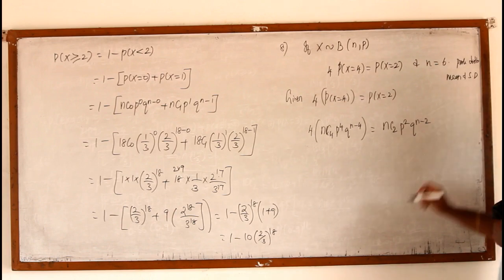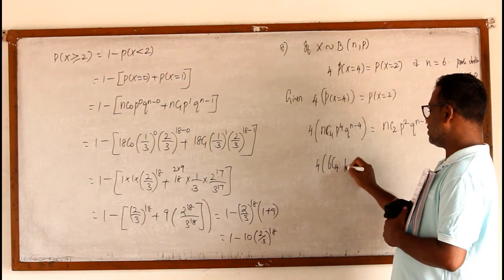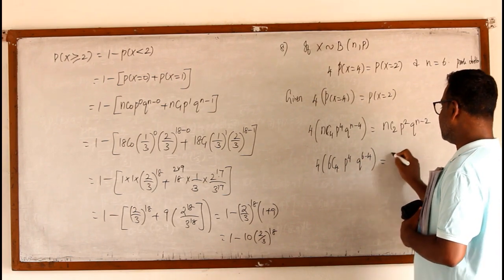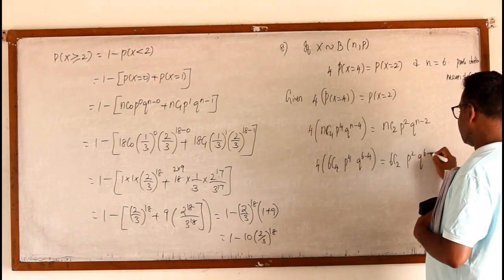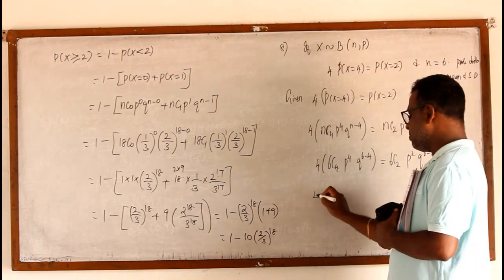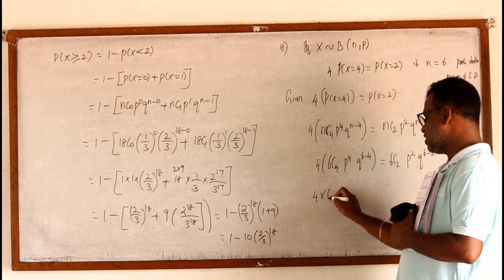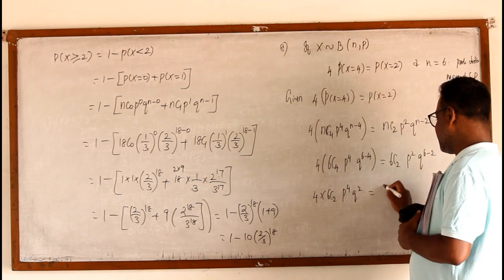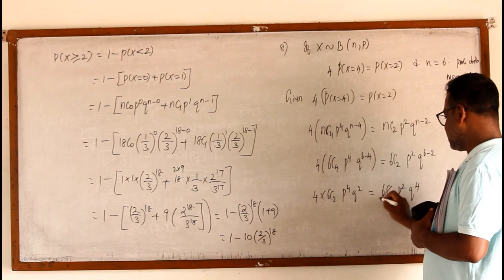They gave n as 6, so it is 4 into 6C4 p power 4 q power 6 minus 4 equals 6C2 p power 2 q power 6 minus 2. Remember, 6C4 and 6C2 are equal. So we write 4 into 6C2 p power 4 q square equals 6C2 p square q power 4.